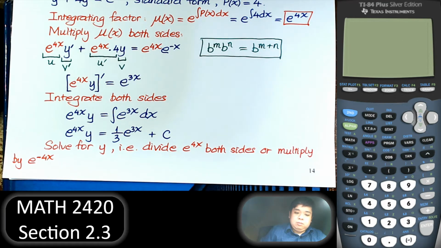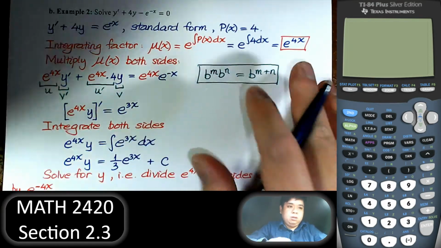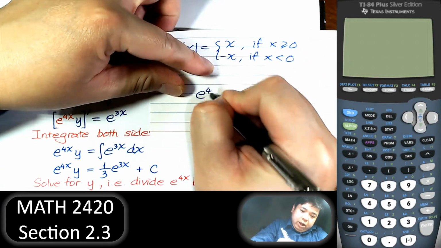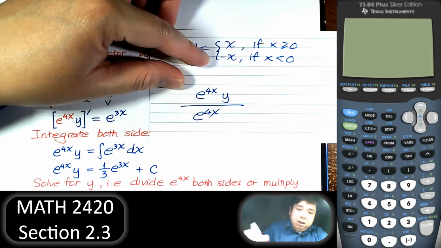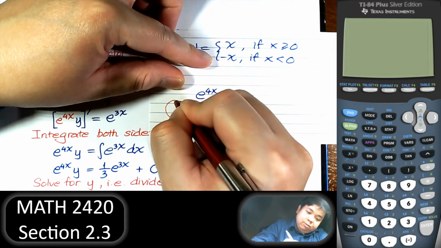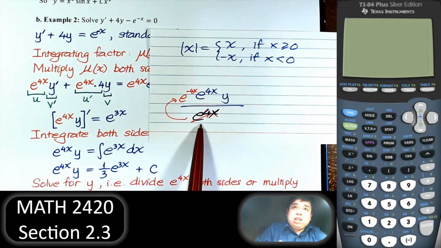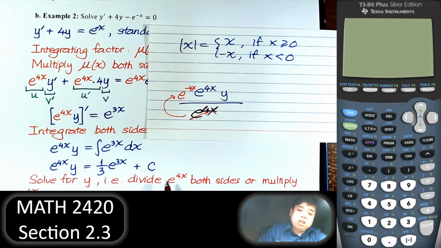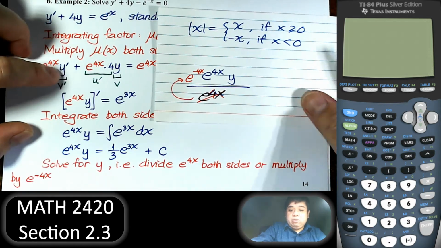Right? Because we have e to the 4x at the bottom, we can move that to the top. It becomes e to the negative 4x, right? So that's why instead of dividing by e to the 4x, we multiply by e to the negative 4x.